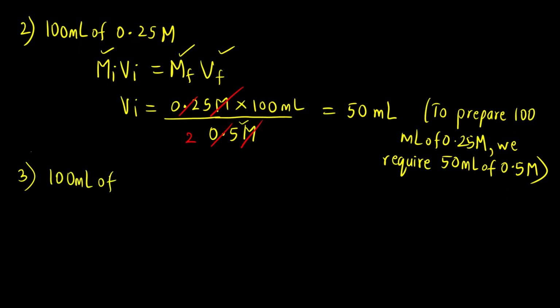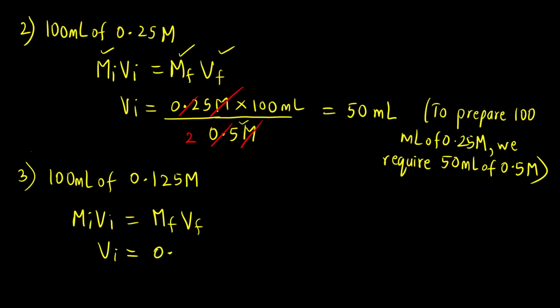Now we have to see the last one, that is, we have to prepare 100 ml of 0.125 molar solution. Again MiVi is equal to MfVf. So Vi is equal to the final molarity we require, 0.125, into the final volume of 100 ml, divided by, now we will take the 0.25 molar solution.